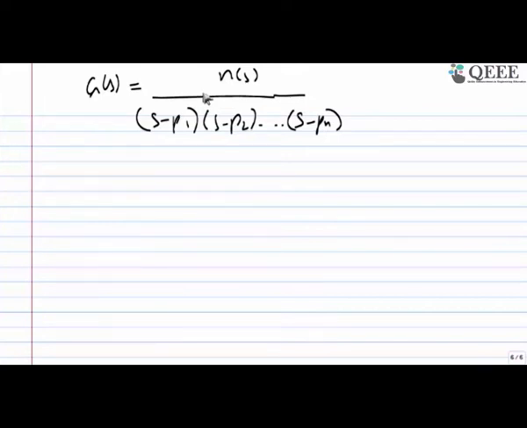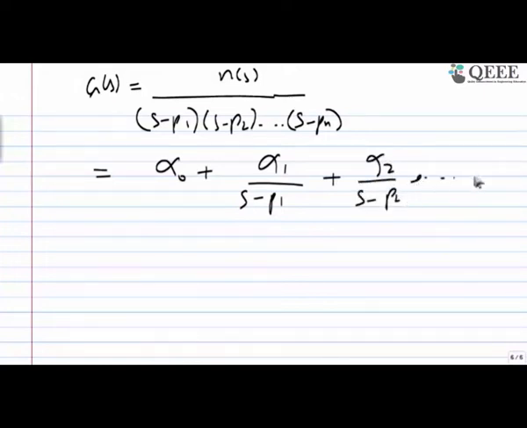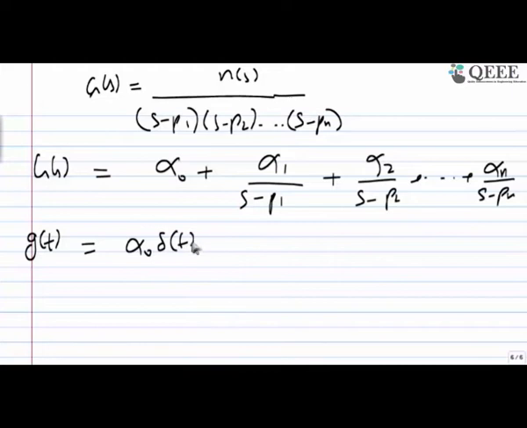Of course we can remove this restriction later, but let's proceed with this assumption. So this I can write after doing the partial fractions. This is my G of s. Now if I take the inverse Laplace transform of this G of s, I will get G of t, which is given by alpha naught delta t.